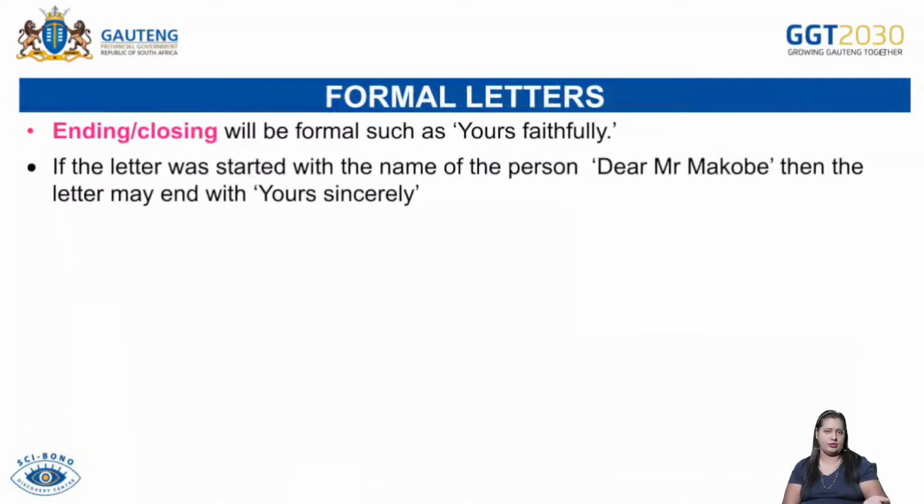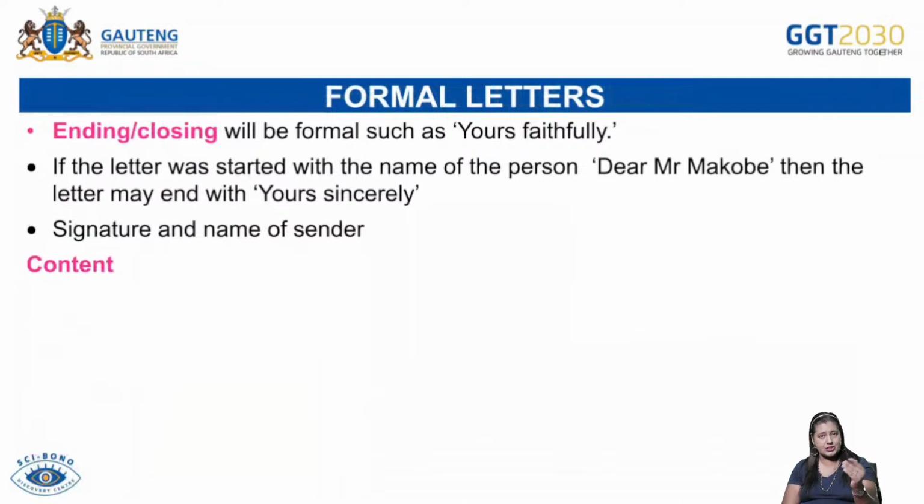But if you didn't know Vash and you just wrote sir or madam, and Vash is reading it, then it would be acceptable to use that yours faithfully. All right. So the last part then will be the signature and the name of the sender. Underneath the signature is the name of the sender that you will be including. Now, when we're looking at the content, please, please, please remember content is driven by the question.